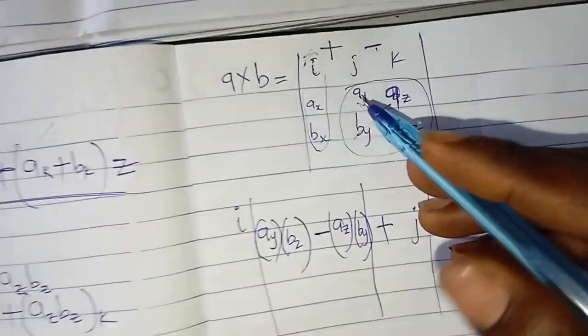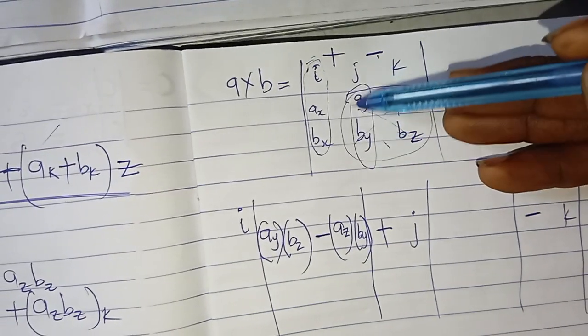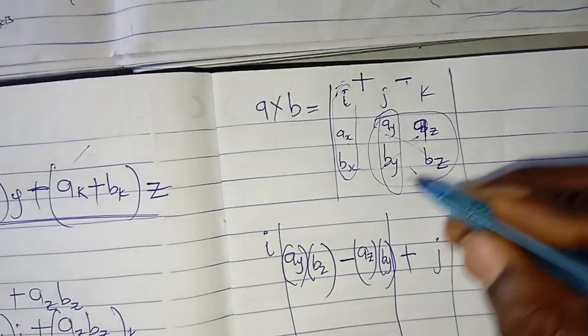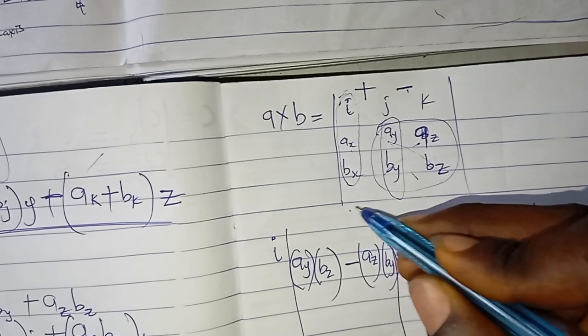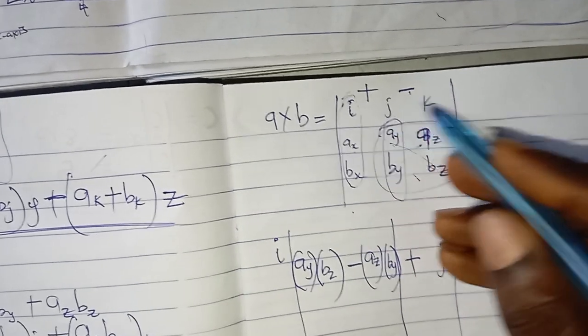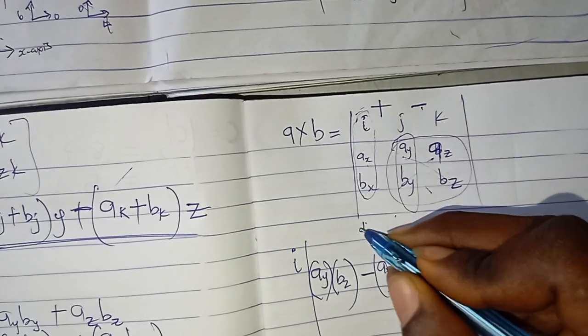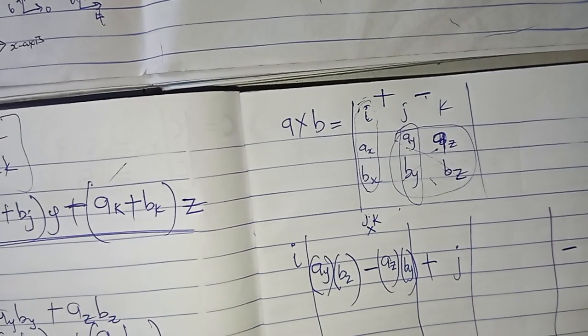Then when I'm doing for J, I will ignore everything about J, then focus on these two. When I'm doing I, you cross I and go to J and K. I multiply J and K, left and right.